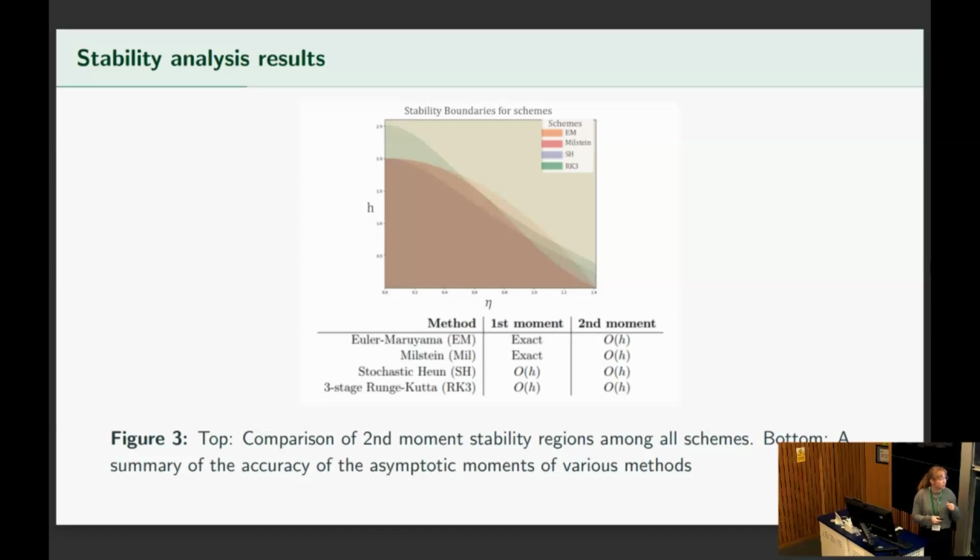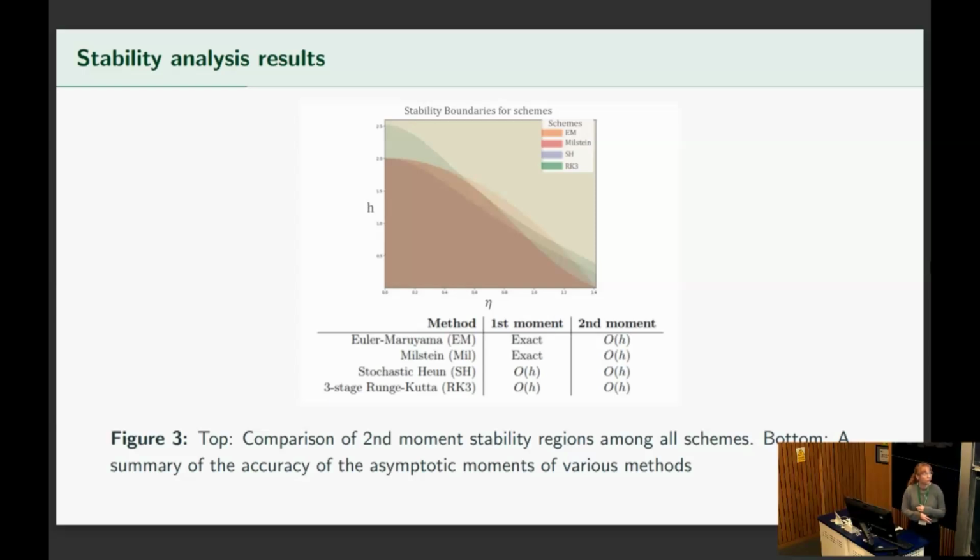And as well, what we see from our moment stability analysis is that the Euler-Maruyama and Milstein are first moment exact, whereas stochastic Heun and three-stage Runge-Kutta are first moment biased.